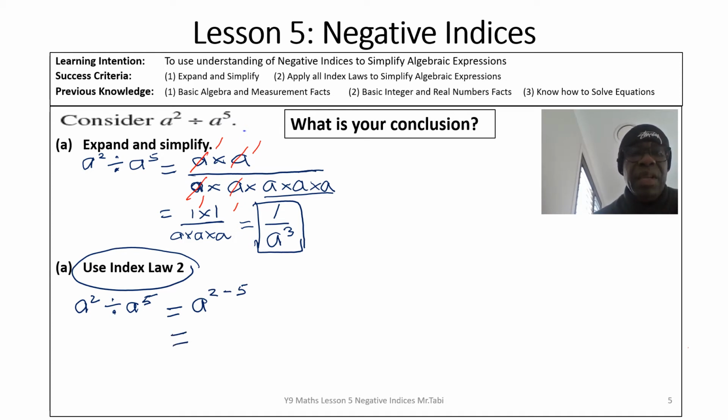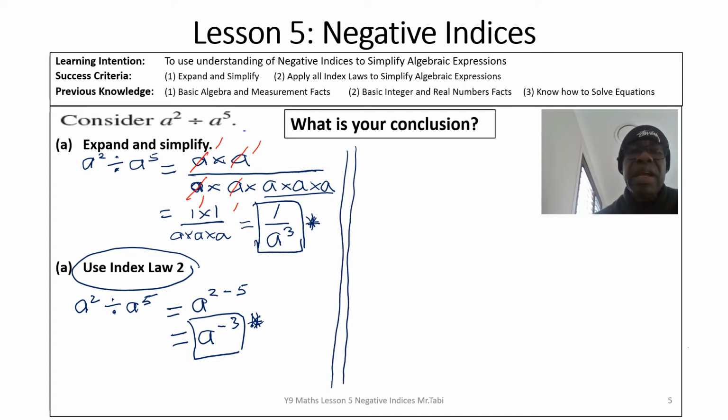And this will be equal to a to the power of minus 3. Since these two answers are the same, I can conclude that a to the power minus 3 is the same as 1 over a to the power of 3.